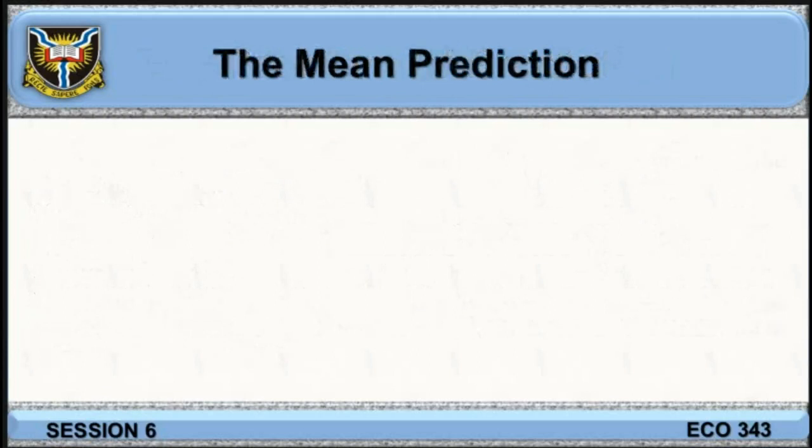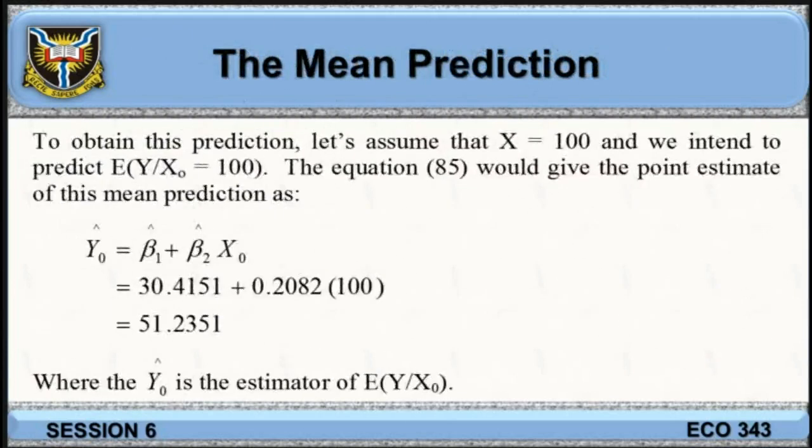The mean prediction. To obtain this prediction, let's assume that X0 is equal to 100, and we intend to predict E(Y given X0 equal to 100).